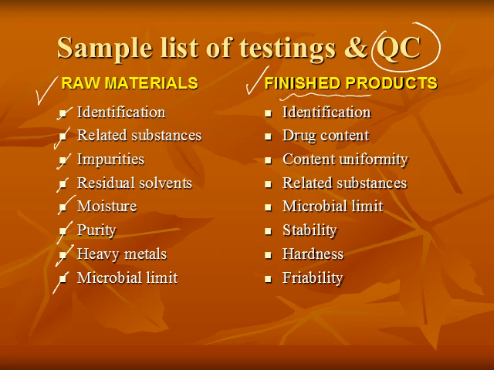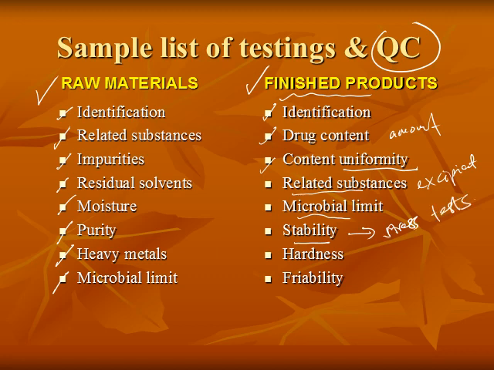Whereas for finished products, they need to identify as well the active ingredient, the drug content, the amount of the active ingredient, content uniformity, related substances, for example the excipient, the same thing, microbial limit, and stability of the finished product, so they need to subject the product to a stress test, hardness or friability.